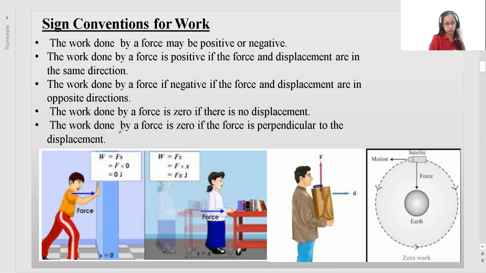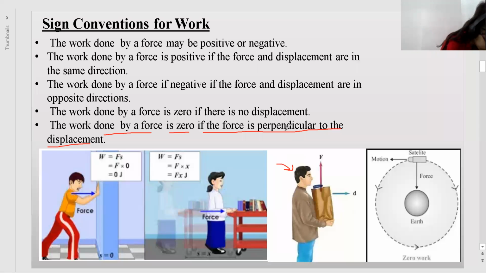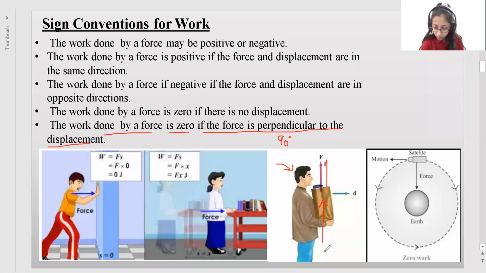The second case: work done by a force is zero if the force is perpendicular to the displacement. Perpendicular means the force makes 90 degrees with the direction of displacement. For example, suppose this boy is lifting this block. To lift the box, he is applying a force in the upward direction, and then he is walking, so the block is moving forward.